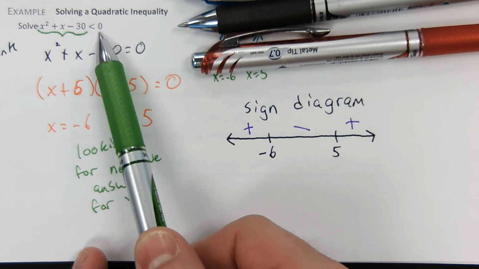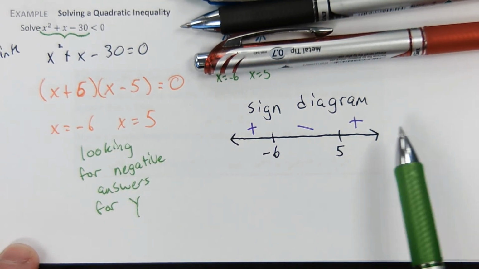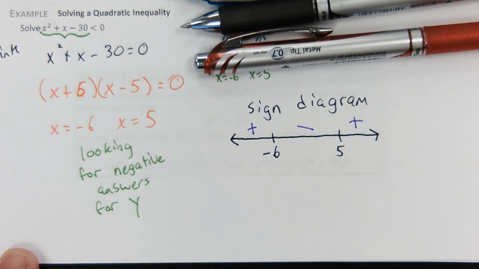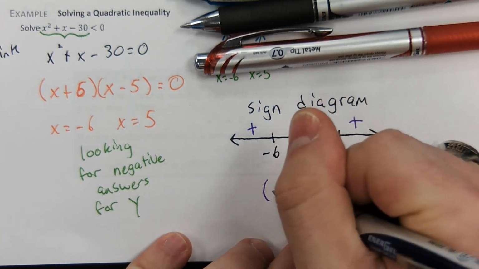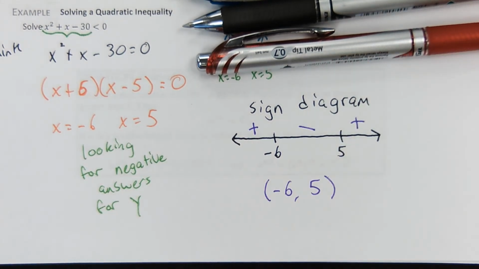There is no equal to bar, so this x and this x are not included. If you drop in x equals 5, you get a statement that says 0 is less than 0. That's not true. So we can't include 5, we can't include -6. Our answer set then is from -6 to +5, not inclusive.